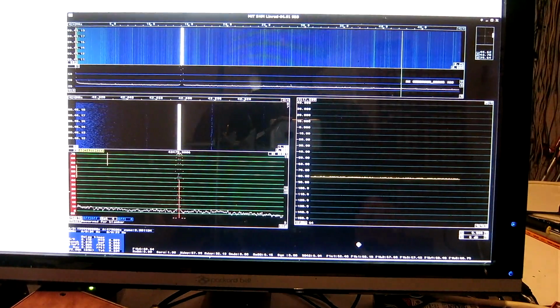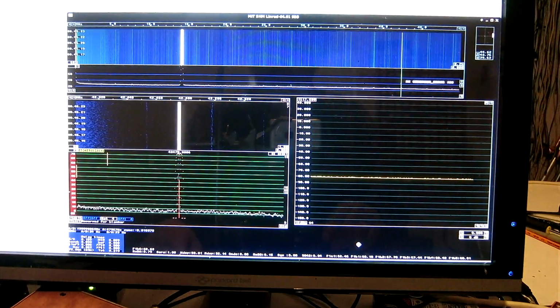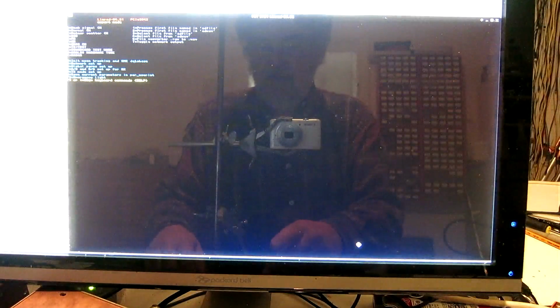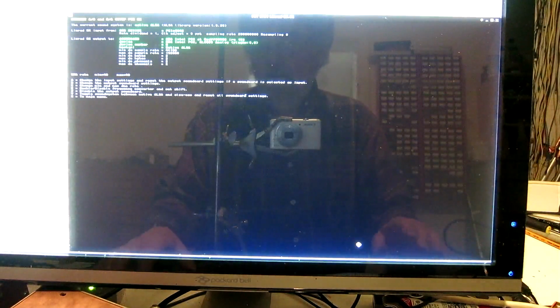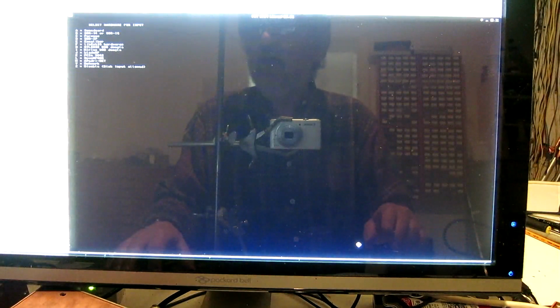I will now change the settings for the PCIe-9842, X, X, and U, and A, and then K. And as before, I used the 200 megahertz sampling rate, but I will now enter a resampling factor.